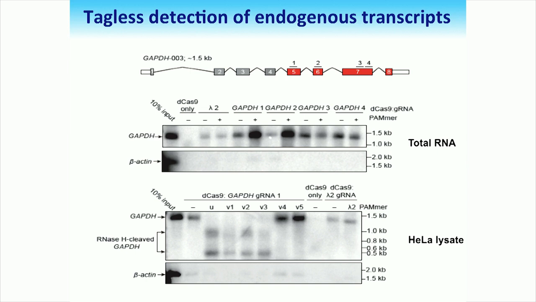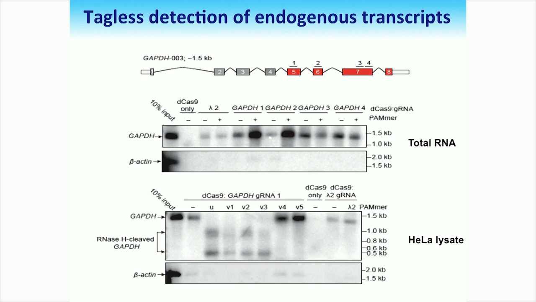This led to a series of experiments to identify chemically modified forms of the PAMmer that would prevent RNase H activity without blocking Cas9 binding. By using 2'-O-methyl containing PAMmer oligos, we could achieve pretty nice binding and recovery of these transcripts without triggering RNase H cleavage, and again, very low levels of background.